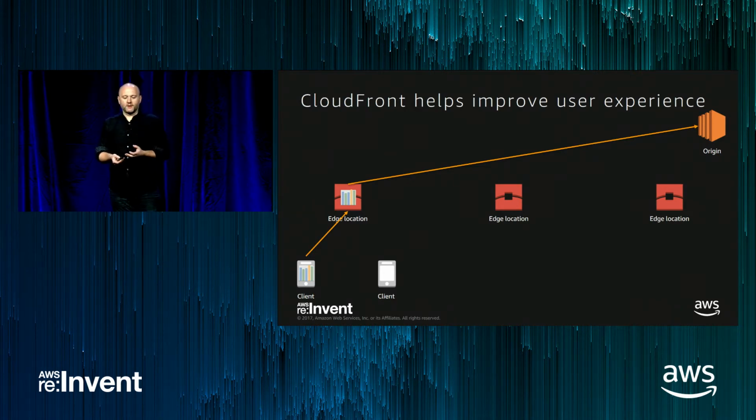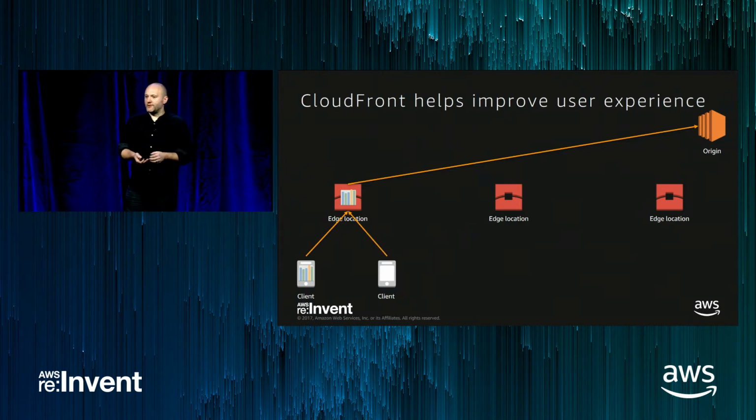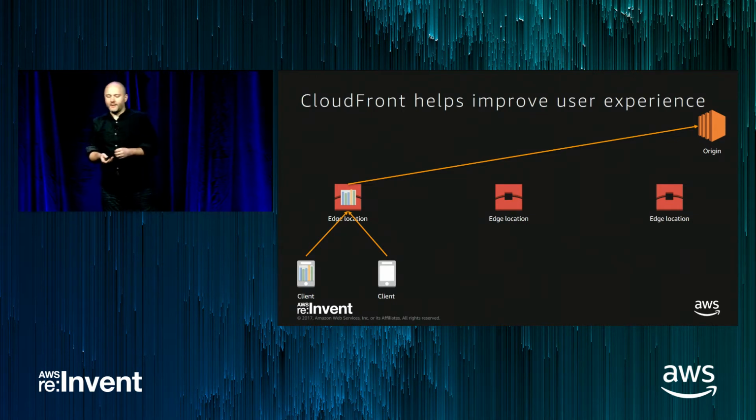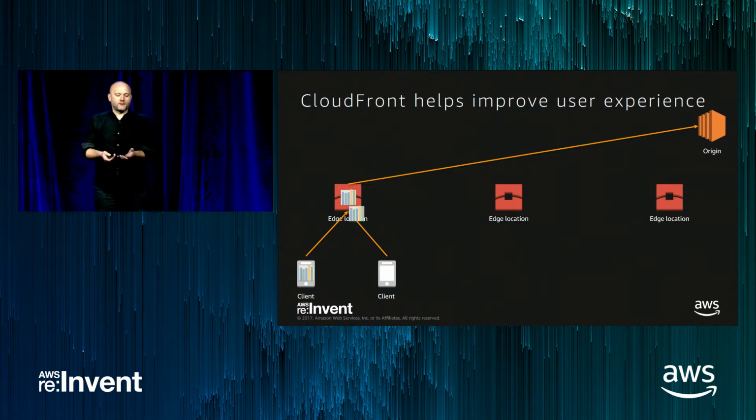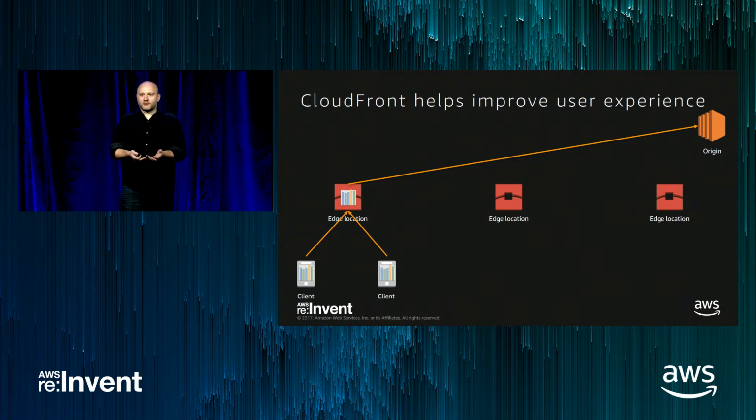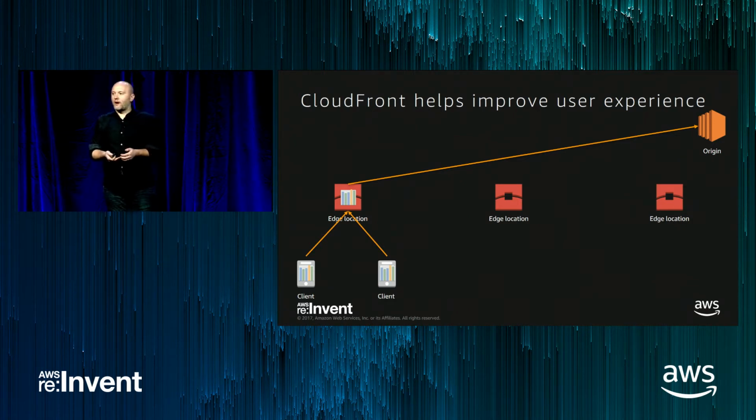So let's say a second client makes a request for the same object. It's going to have to establish a TCP connection again. The advantage is it's over a small distance, so it can be set up quickly. Then it can make the request. In this case, it's already in the CloudFront cache, so the object can be delivered back to the client without the edge location even having to make a second request back to the origin.